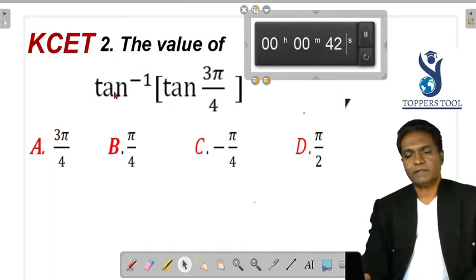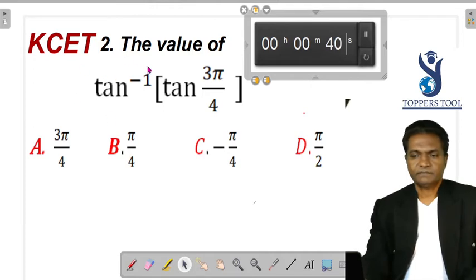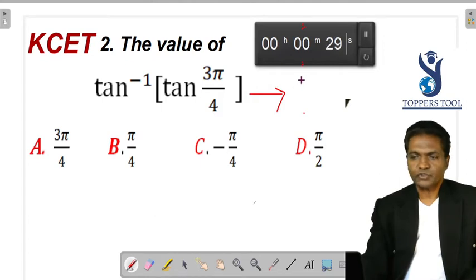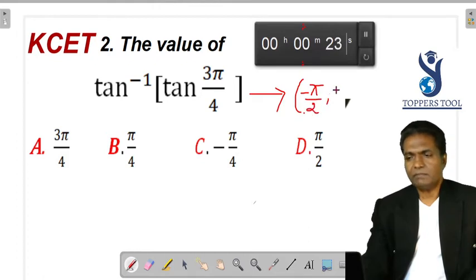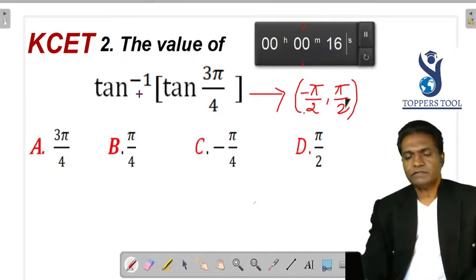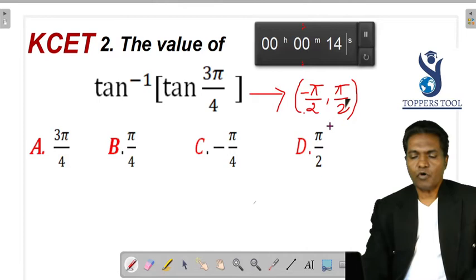What is its principal branch? I'll give you a hint: the principal branch of tan inverse is the open interval minus pi by 2 to pi by 2.